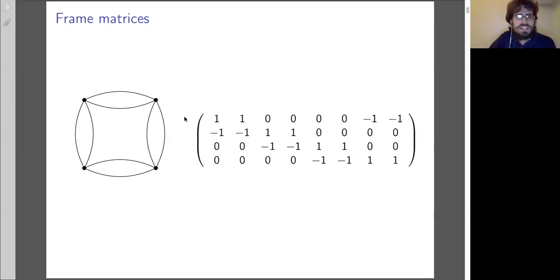Something that we can notice about the matrices that we get in this way to represent graphic matroids is that they're very sparse, in the sense that every column has at most 2 non-zero entries. If we want to put a slight twist on graphic matroids, we could try looking at matrices where we still keep the restriction that each column has at most 2 non-zero entries, but now we no longer require those entries to be 1 and -1.